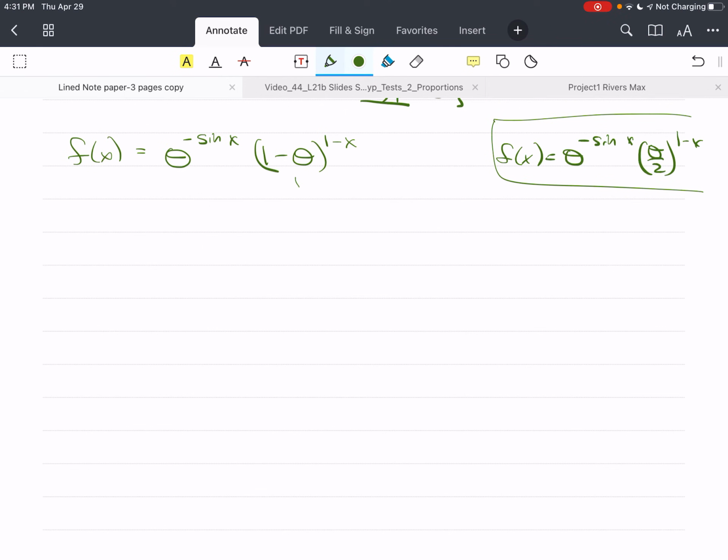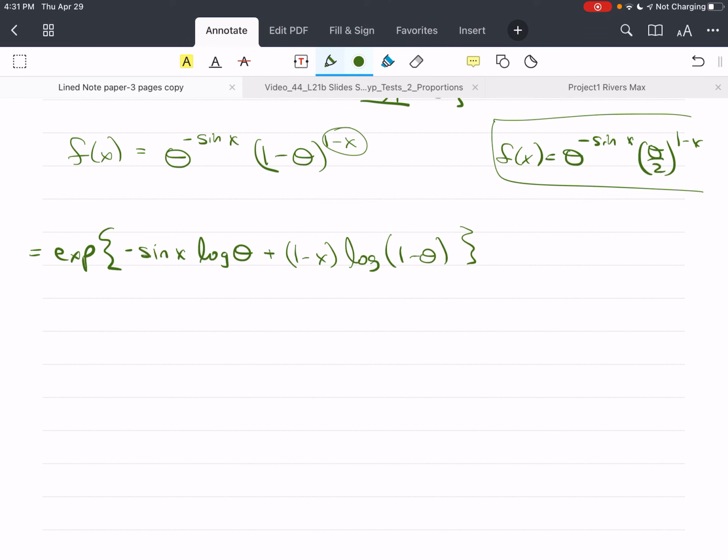Now I've made it 1 minus theta here, and you'll notice that x is in the exponent of that function. In fact, it's in the exponent of both functions, and this is going to prove to be challenging. Let's see what we can do. So this is going to be negative sine x times log theta. I'm just going to skip the step where I write it as a log to the exponent. I know that this exponent's coming down in front of the log, right? So this is going to be plus 1 minus x log of 1 minus theta.